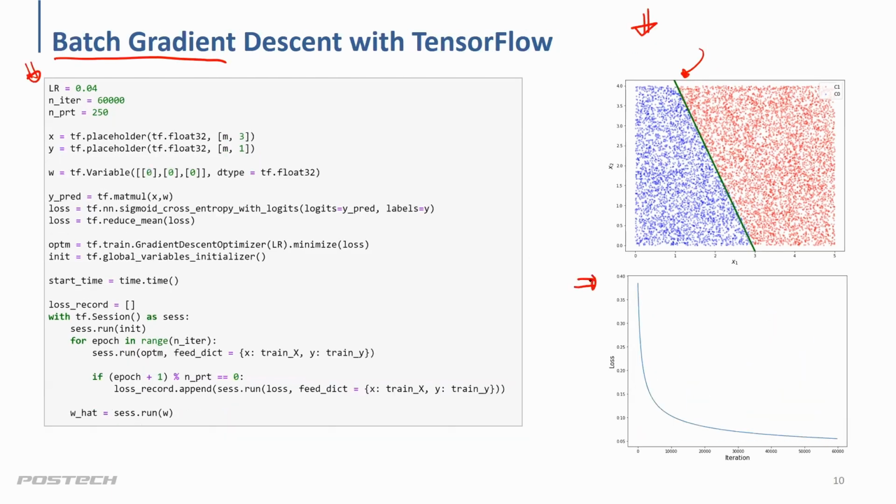Now let's look at the loss as we increase the number of iterations. It's nice and smooth for the batch gradient, because I'm not sure how many data points there are, maybe 1,000 or 10,000, and we select the whole training data set and take the average, so it's very smooth.